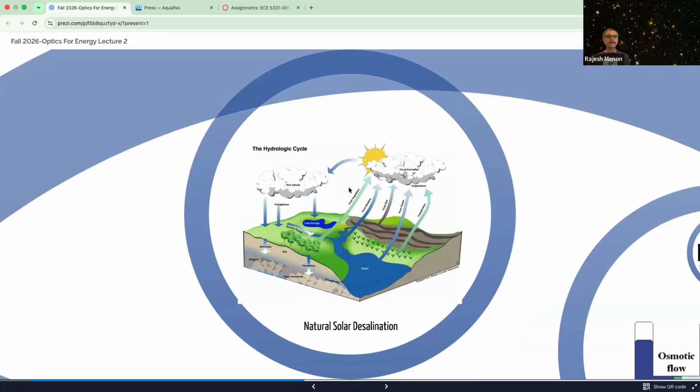We all know that this happens naturally, so this is how we all drink. Just to remind ourselves, what does this mean? The water from the ocean or the lake or whatever gets evaporated, becomes clouds, moves over, cools down, hits a mountain, whatever, and comes down with rain, and it can go back into the lakes and into the aquifers and whatnot.